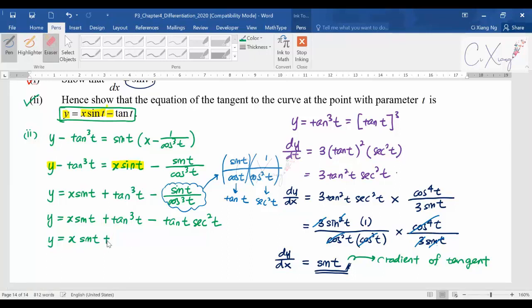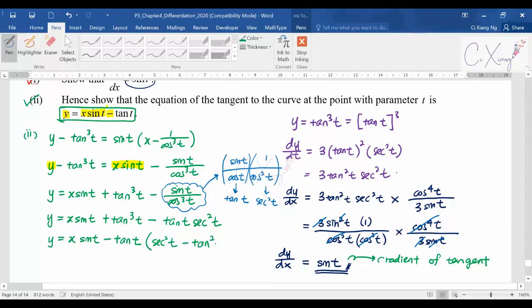So I don't want the plus anymore. I want to make it negative tangent. So when I factorize out the negative tangent t, the secant square t becomes positive minus tangent square t.